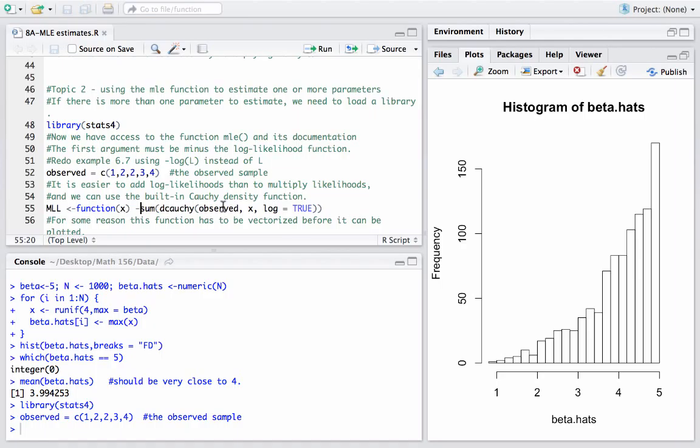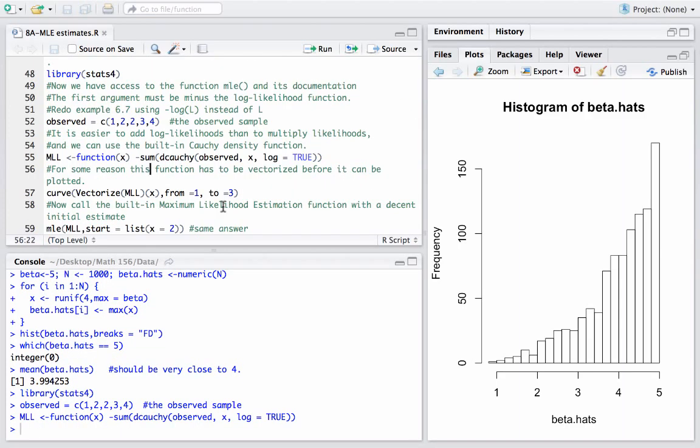So we're going to find a function that just sums up the Cauchy density, and we're saying, yes, give us a log. So Paul says, for some reason, this function has to be vectorized. I haven't tested this. My hunch is because it has a vector argument.